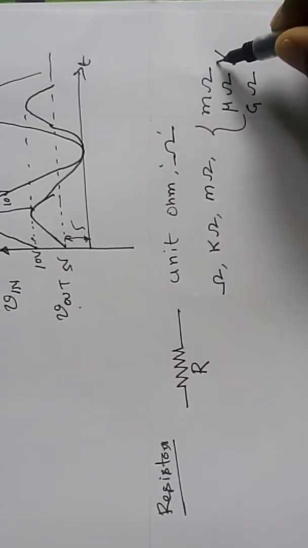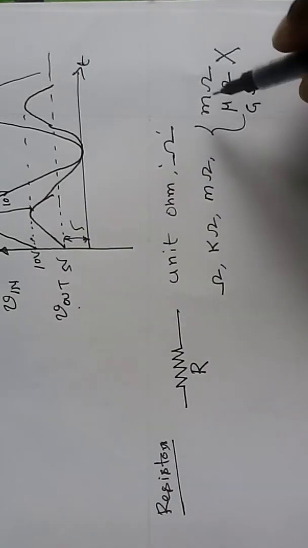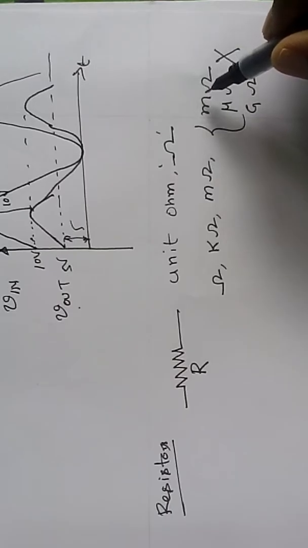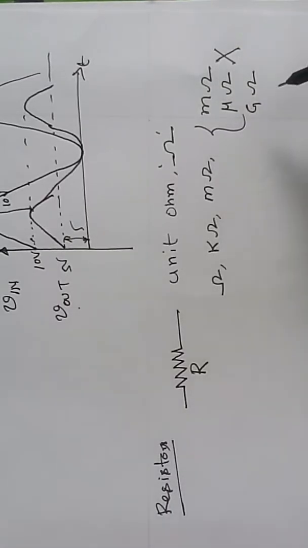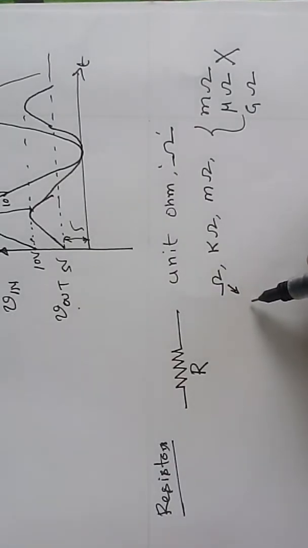These are not used to represent very small or very large resistance. So we will never be using milli, micro and giga for resistance. The ohm range will start from a few ohms, that is 1 ohm, till 900 or 470 ohms or 860 ohms and so on.